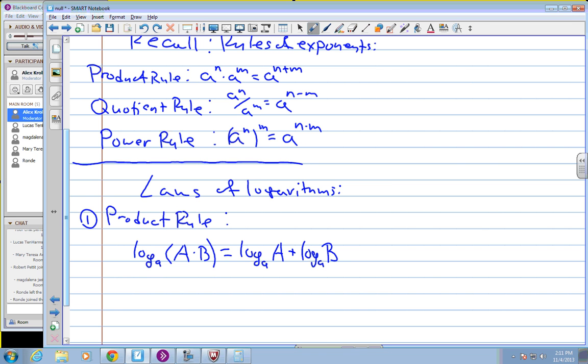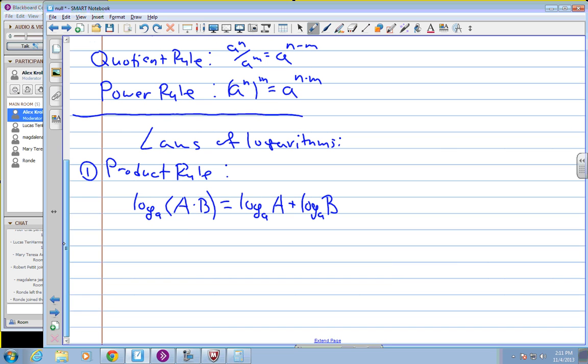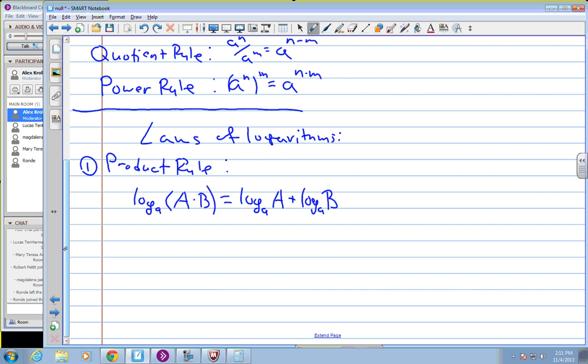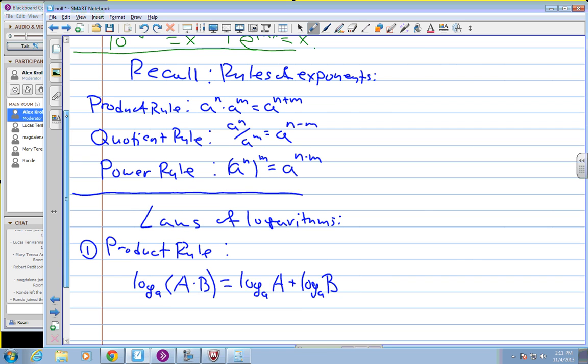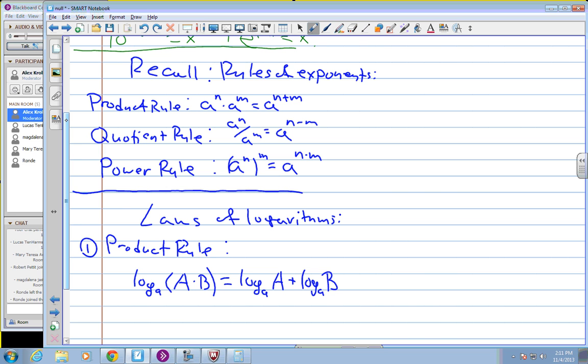We add exponents when we multiply expressions with the same base. I hope you see the similarities between these two rules. When you multiply, you add exponents.